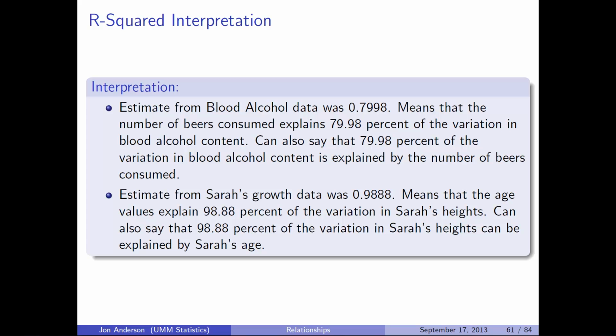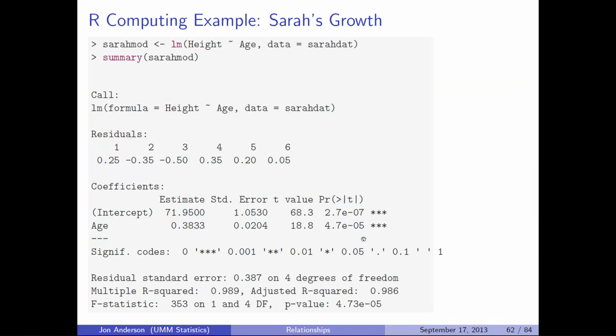So for Sarah's data, knowing the age is almost a perfect projection of what her height will be. Knowing her age almost perfectly predicts Sarah's height. R squared is very big.